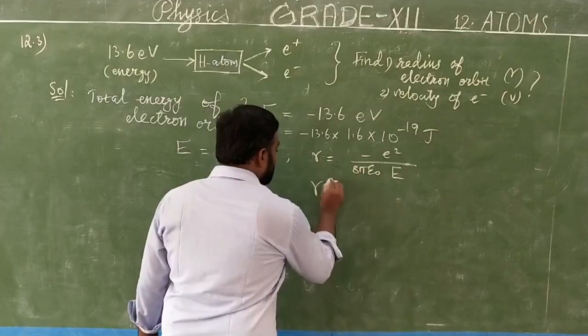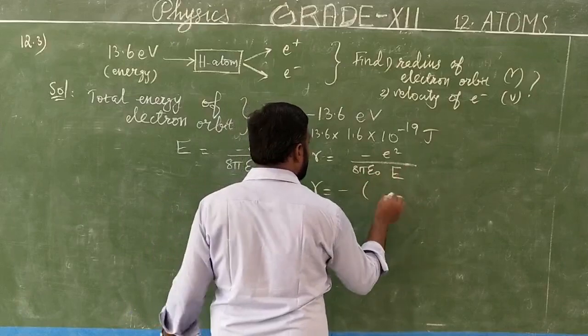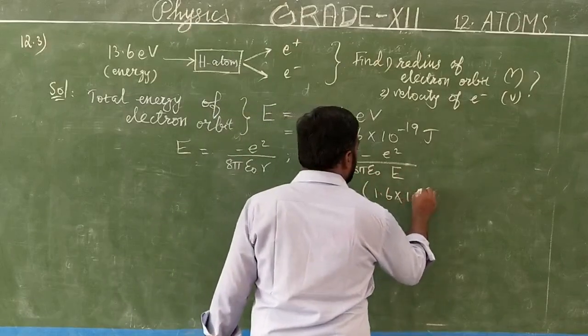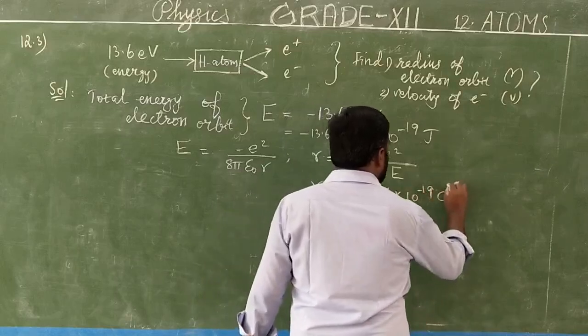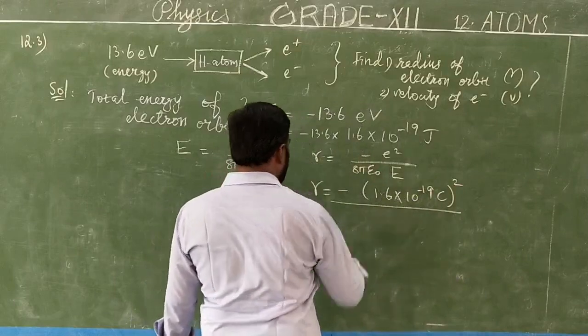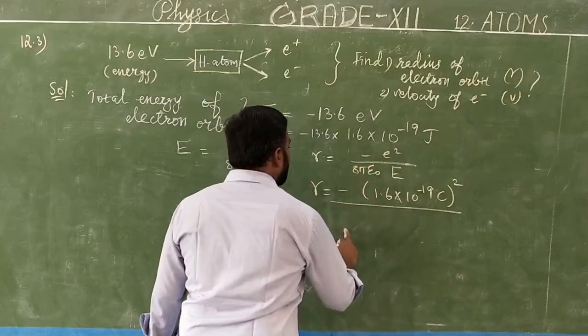So the radius R is equal to minus, what is the charge of the electron? As in the previous second problem, it is 1.6 into 10 to the power minus 19 coulomb, the whole square, divided by permittivity. What is the permittivity term? 1 by 4 pi epsilon naught.